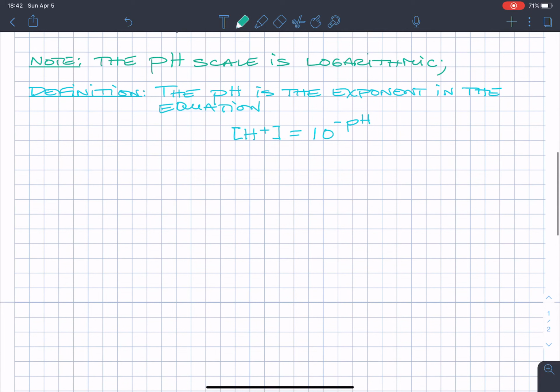Okay, so note the pH is always positive, right?